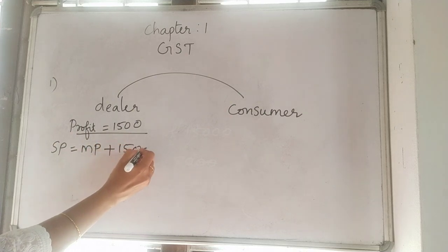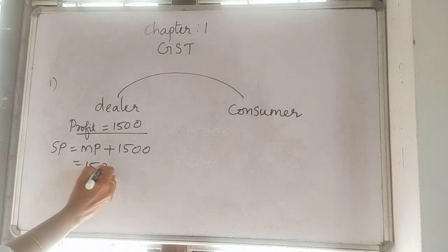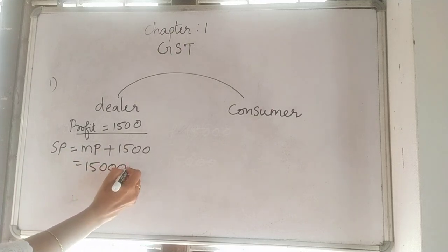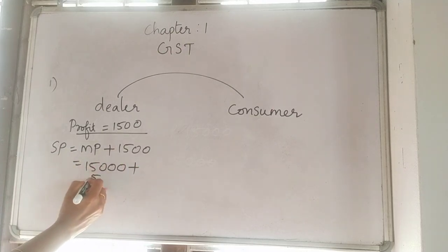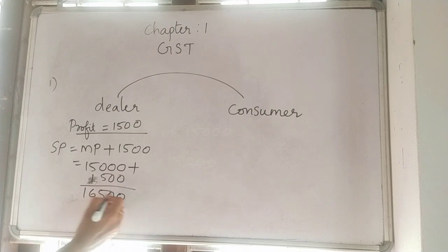So marked price plus 1,500. The marked price in our question is 15,000 plus 1,500, so it will be 16,500 rupees. That will be the selling price excluding the tax. That is our first part.